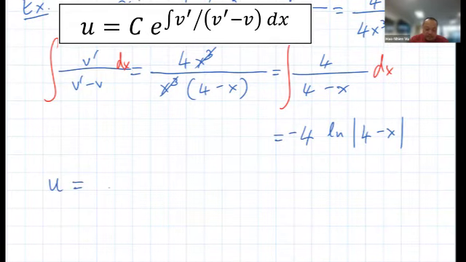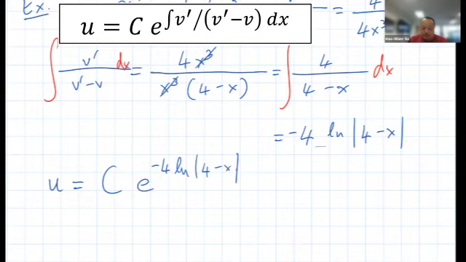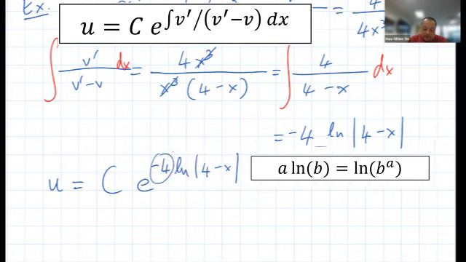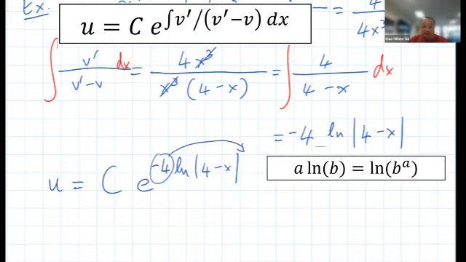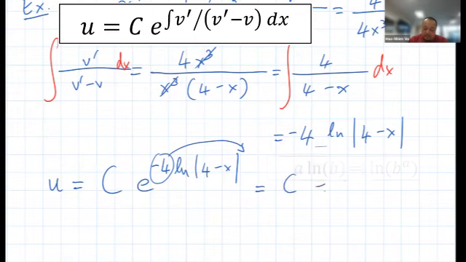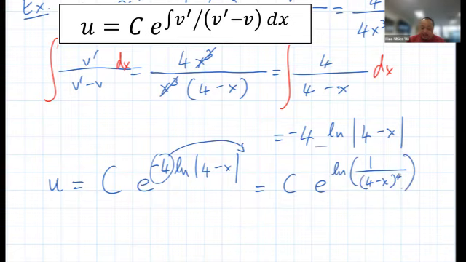And my u is supposed to be some c times e to the power of this integral. And I want to put the ln and the e together. So I'm going to use a property of logarithms and put the negative 4 power in there. Negative power means 1 over. And they have 4 minus x to the power 4, absolute value to the power 4. But the 4th power is always positive, so I don't need the absolute value anymore.